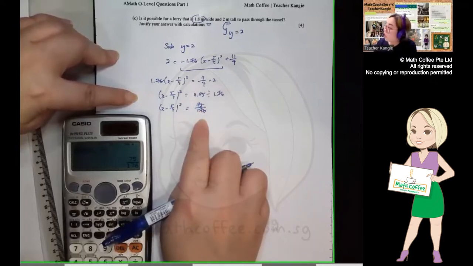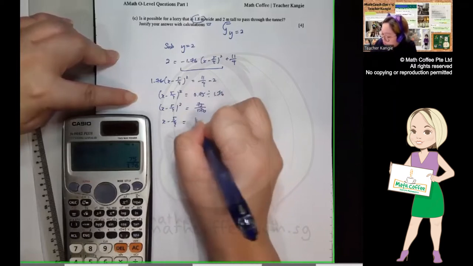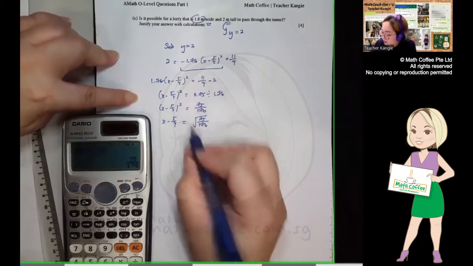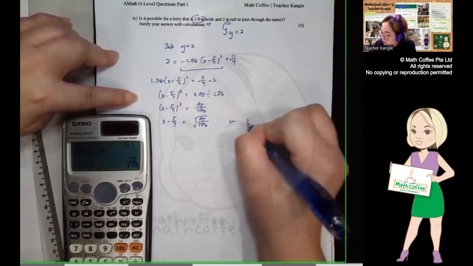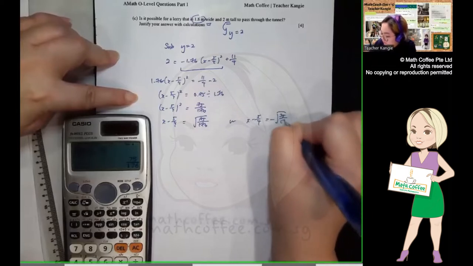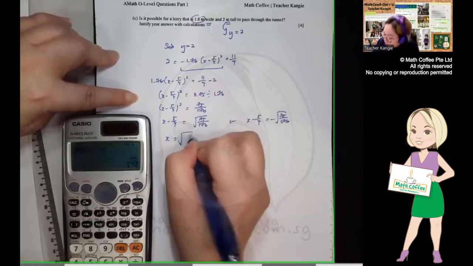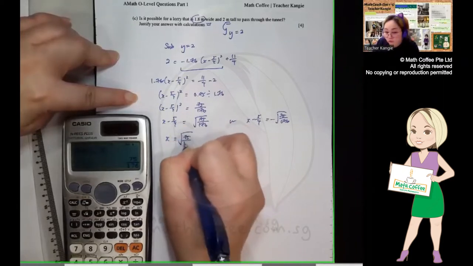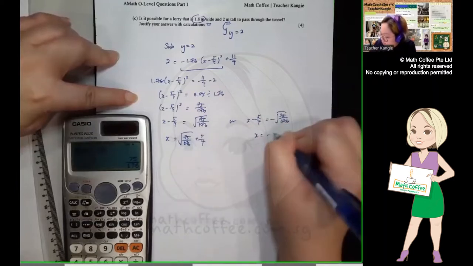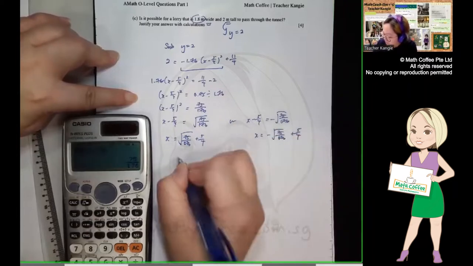Then we're going to do the square root. So x minus 5 over 4 equals plus or minus the square root of 75 over 176. I have a positive square root, and I also have a negative square root. So our x will be this plus 5 over 4. So x equals the square root of 75 over 176 plus 5 over 4, or x equals minus the square root of 75 over 176 plus 5 over 4.